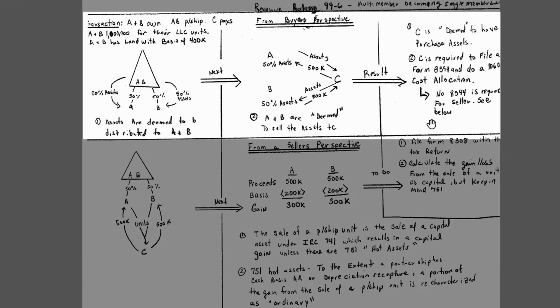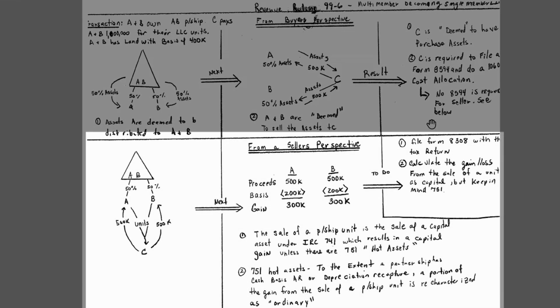And then from a seller's perspective, they sold a partnership interest. Sale of a partnership interest is capital unless it's hot assets, depreciation recapture, portion gain, blah, blah. We've already touched on all that, right? This to me is not a bad summary of certain things that we've been dealing with. And I also say file 8308 with the tax return, calculate the gain or loss from the sale of the unit, but keep in mind 751.